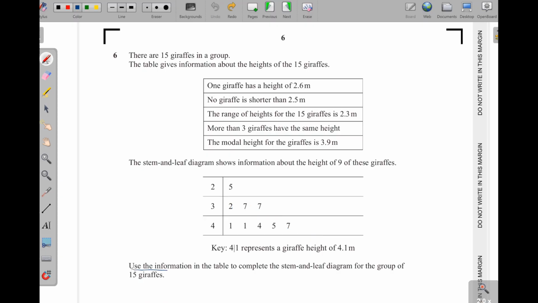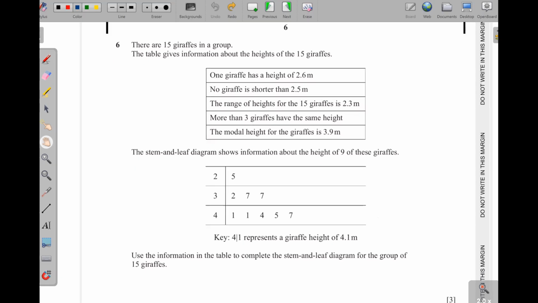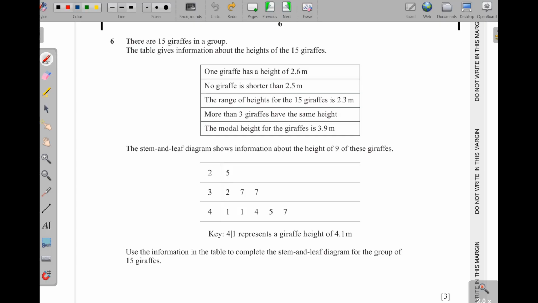Okay, so here they are saying use this information in the table to complete the stem and leaf diagram for the group of 15 giraffes. Now, when you look at the range, we know that range is equal to the highest value minus the lowest value. So if the range was given as 2.3, the highest value, do we know it?